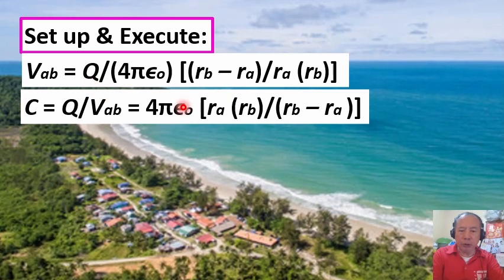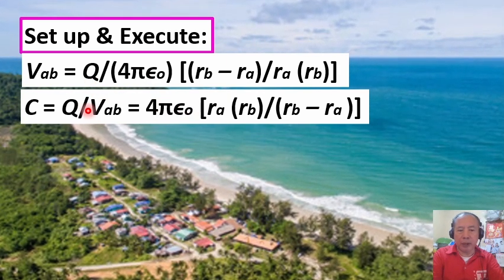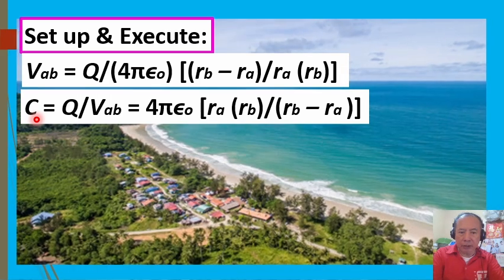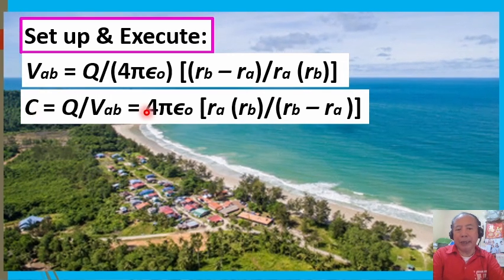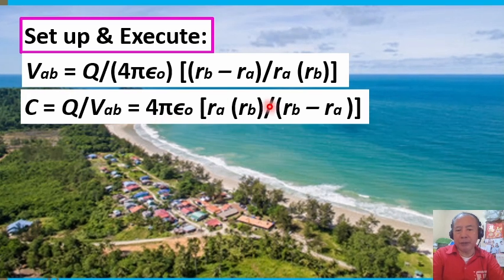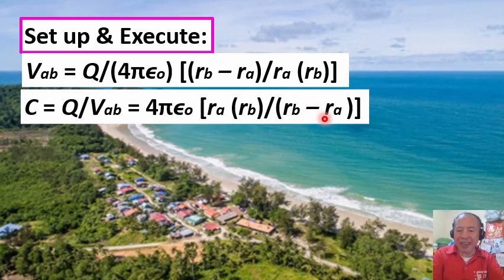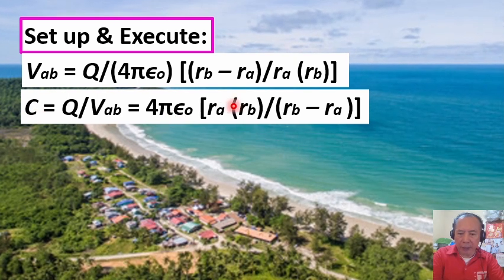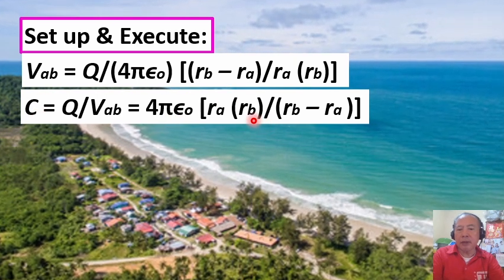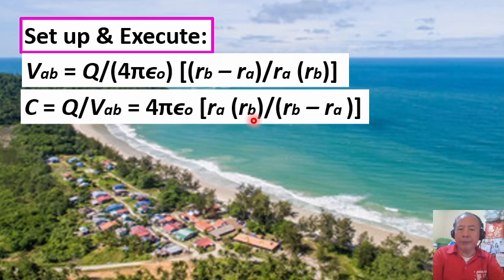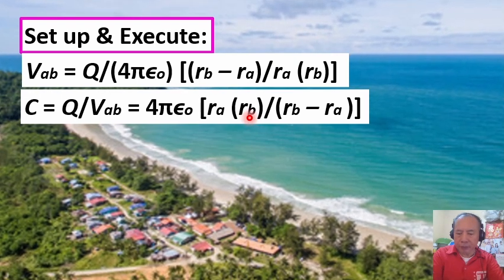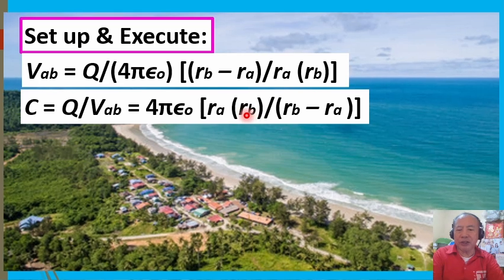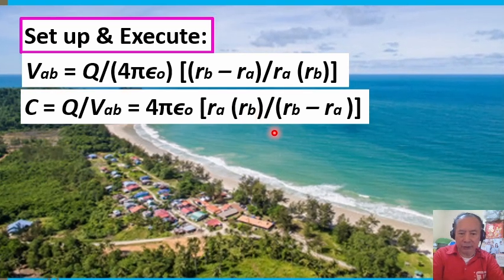The big Q already cancels out. That's why this is our working formula to determine R sub A, because the capacitance is given and the inner radius of the outer shell is also given, right?